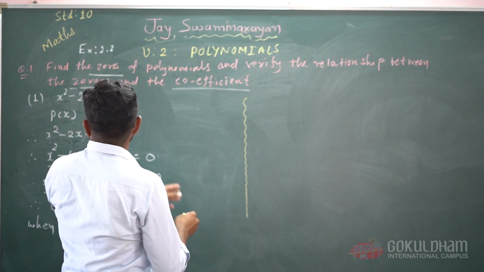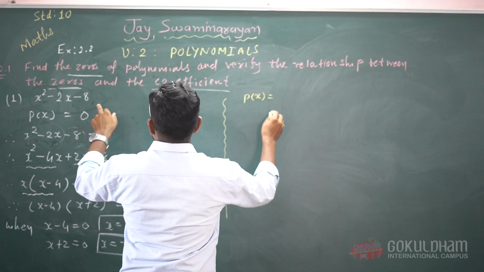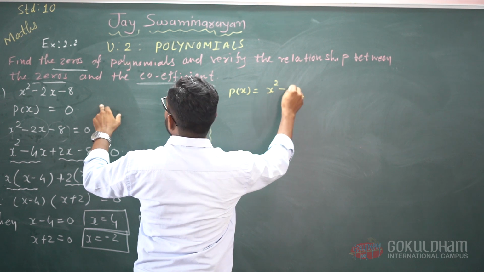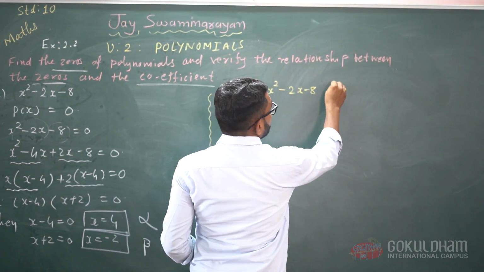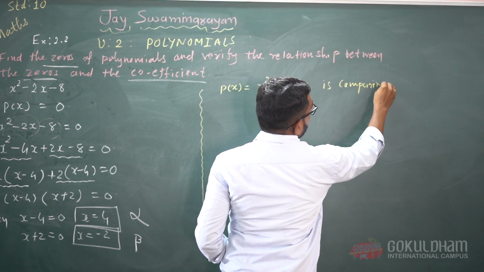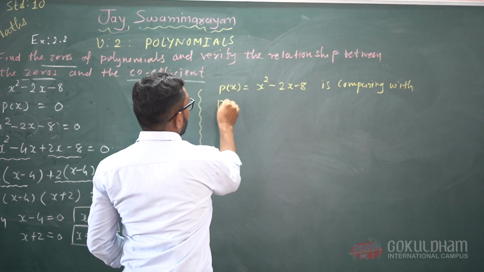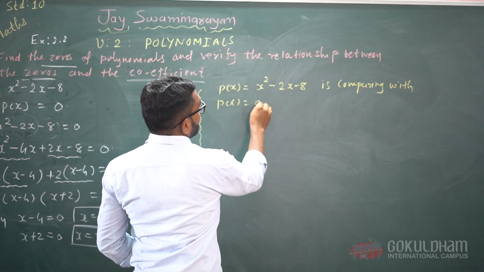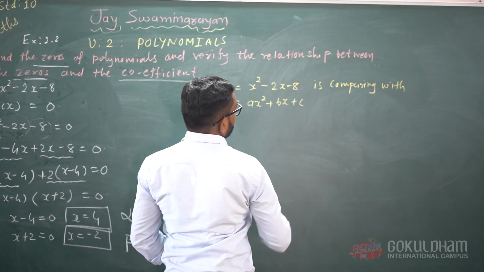Now our next step. The equation x square minus 2x minus 8 is compared with p of x equal to ax square plus bx plus c.